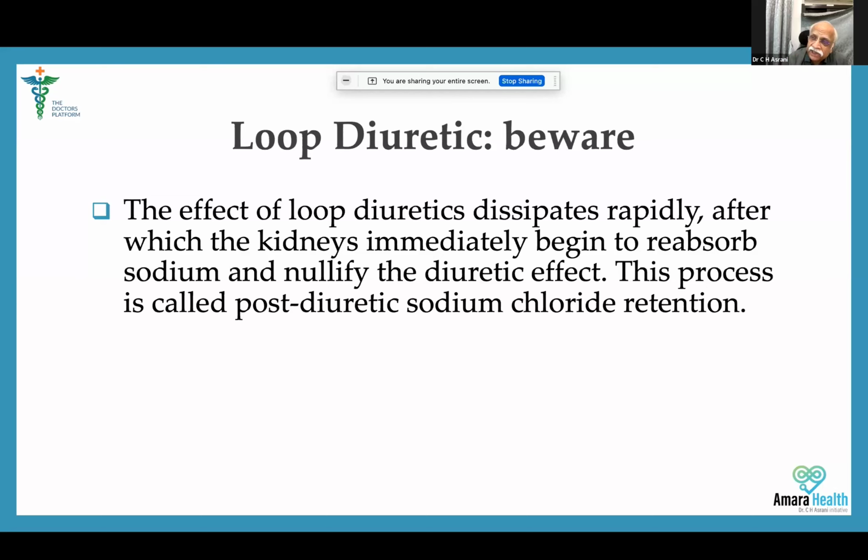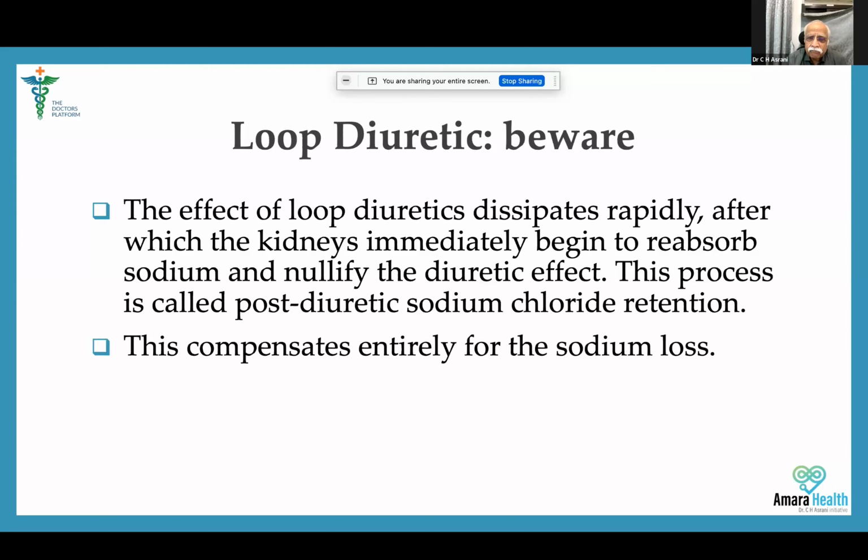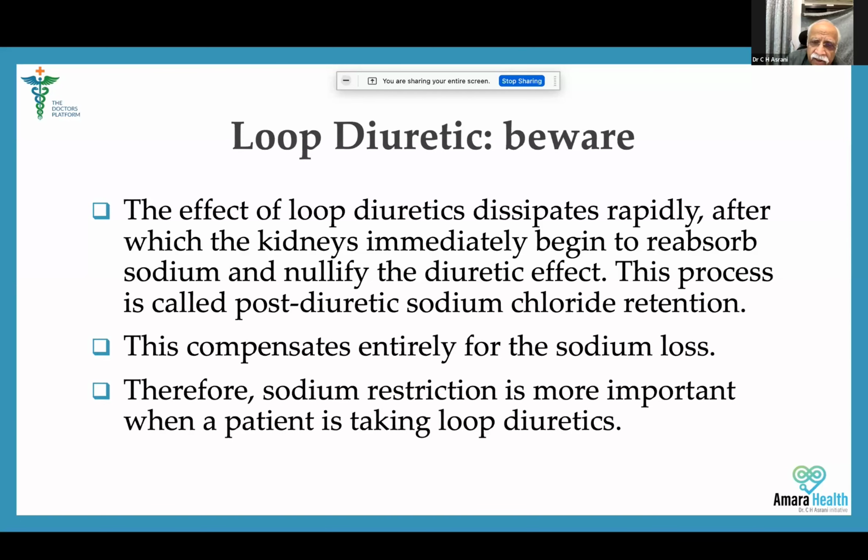So what you have achieved, sodium excretion, has now bounced back to post-diuretic sodium chloride retention. This compensates entirely for the sodium loss and you achieved nothing. Sodium restriction is more important than giving diuretic.